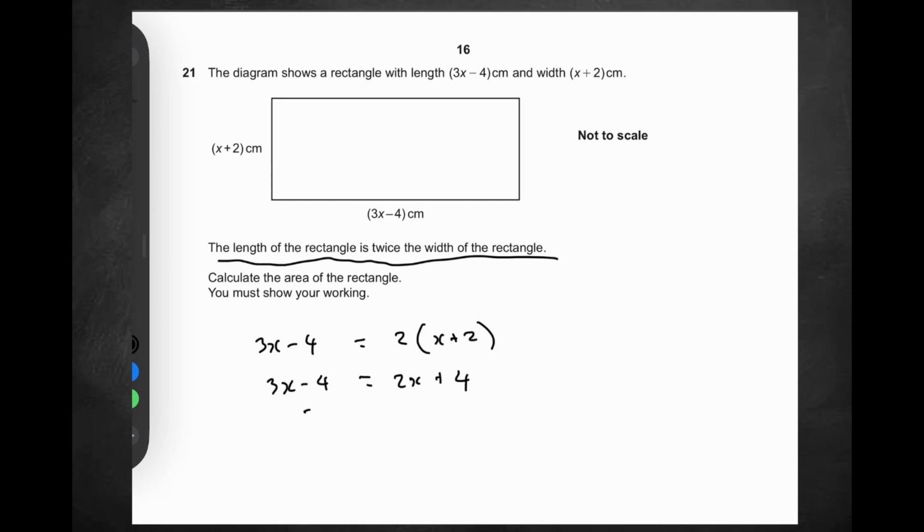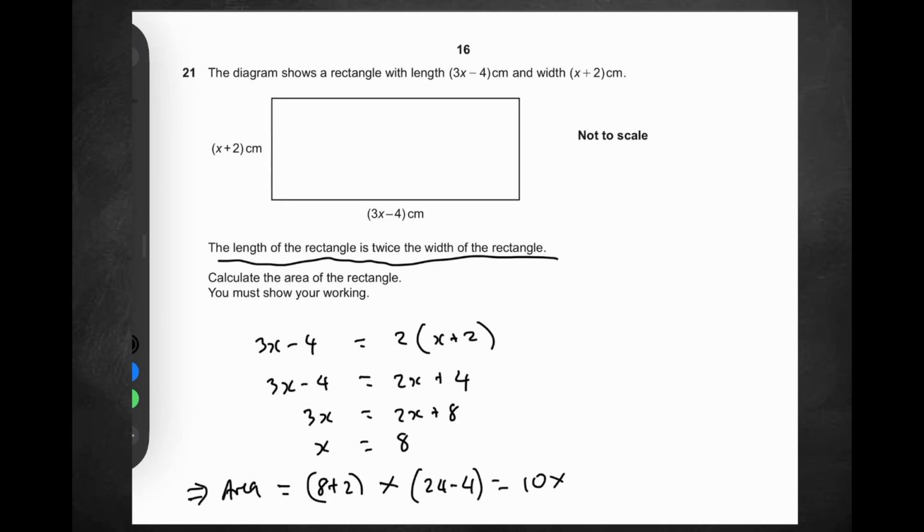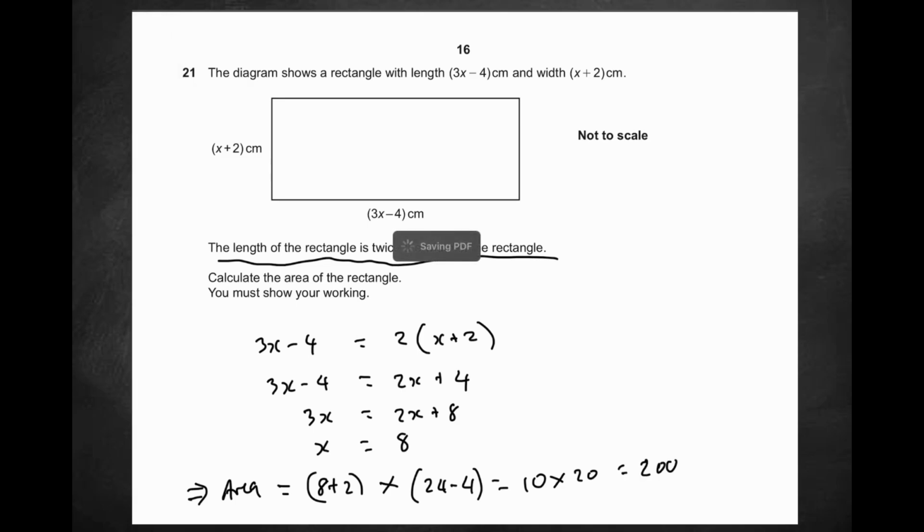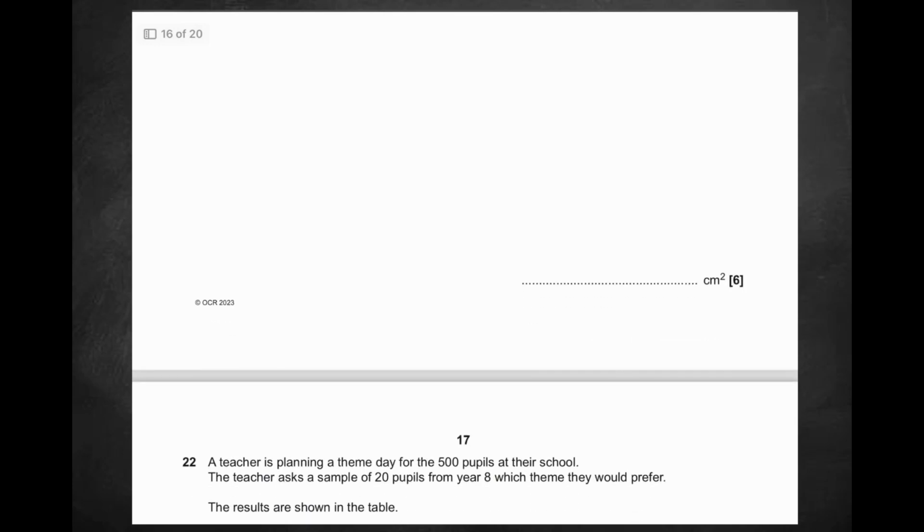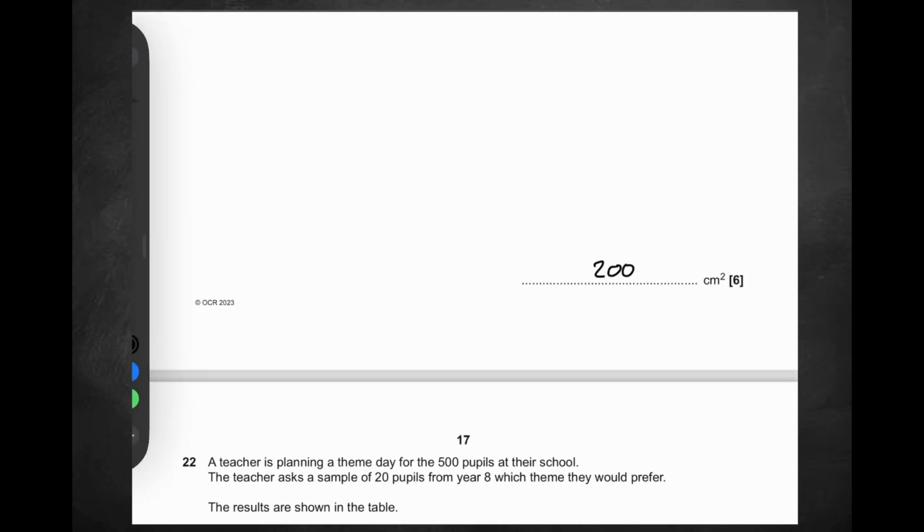Add 4 to both sides, we get 3x equals 2x plus 8. Take off 2x from both sides, and we get x equals 8, which means the area is just going to be 8 plus 2 multiplied by 24 minus 4, which is 10 times 20, which is just 200 centimetres squared. 6-mark question, that one.